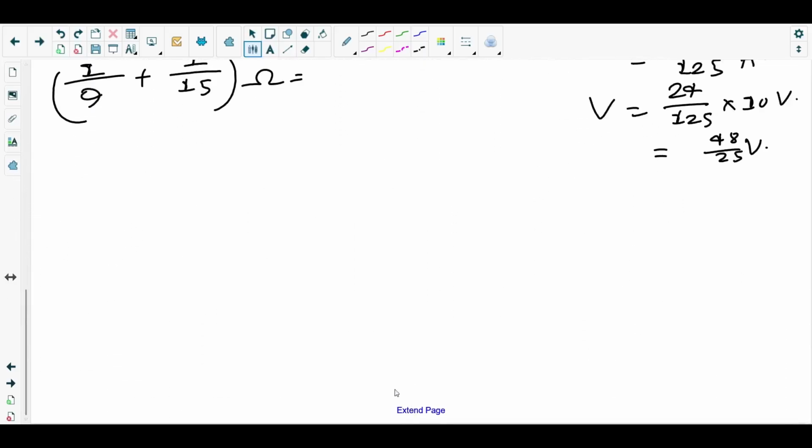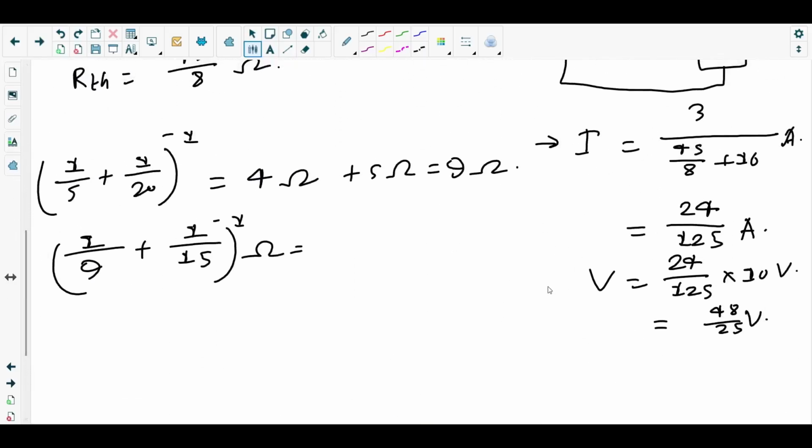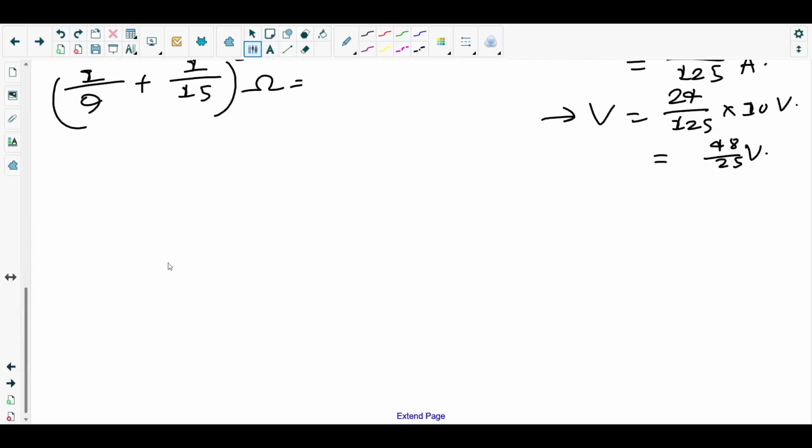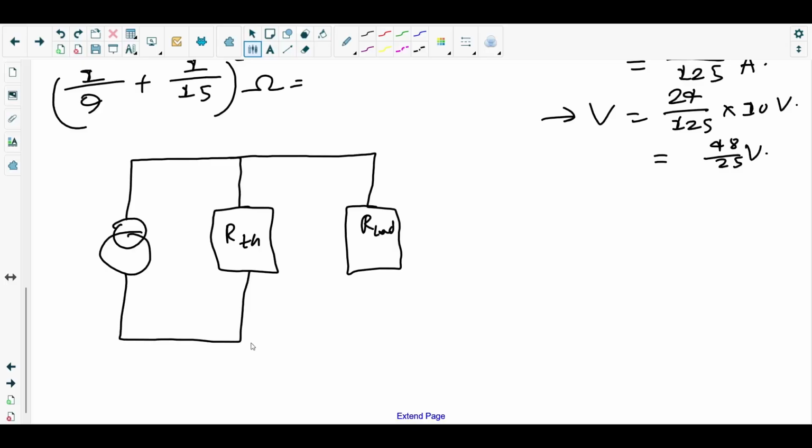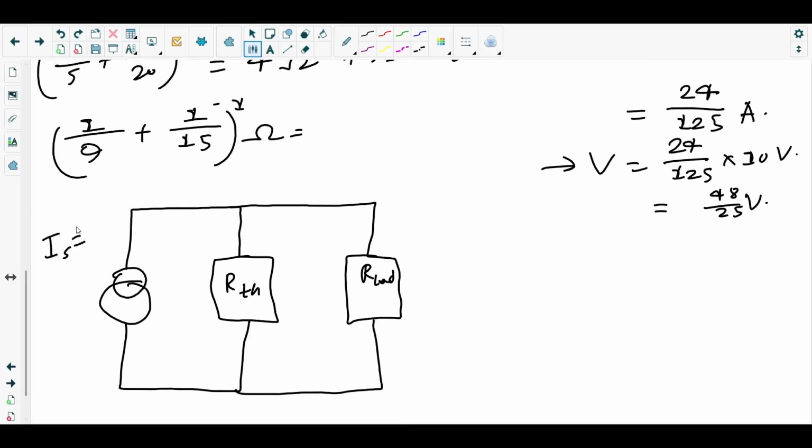Then Norton's equivalent. We need the Norton's equivalent circuit. So the source is there, and the internal resistance RTH has to be in parallel, and the load resistor R load in parallel as well; they connect together, that's fine. Now we need the current IS. We have to consider short circuiting the load resistor, right?